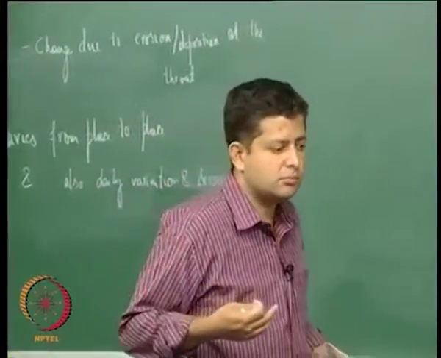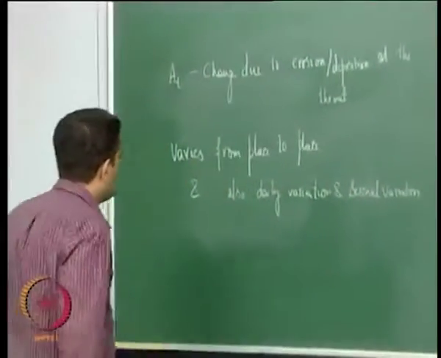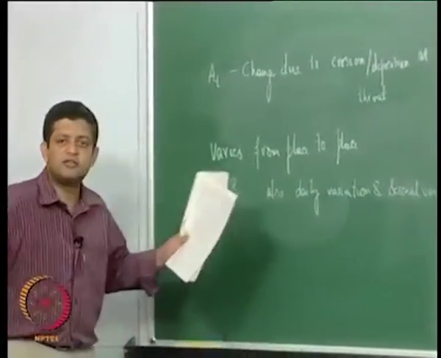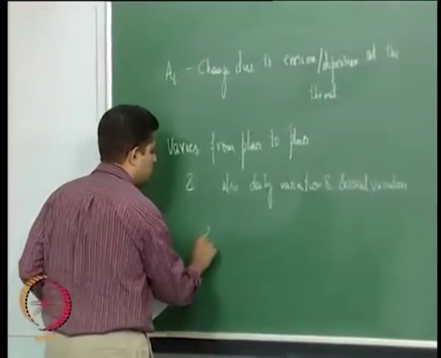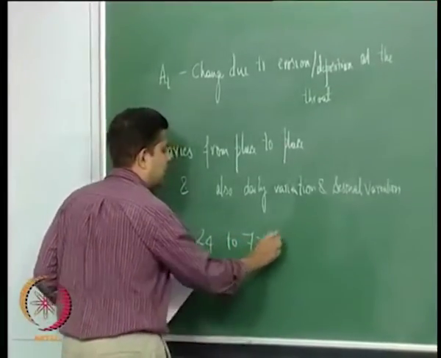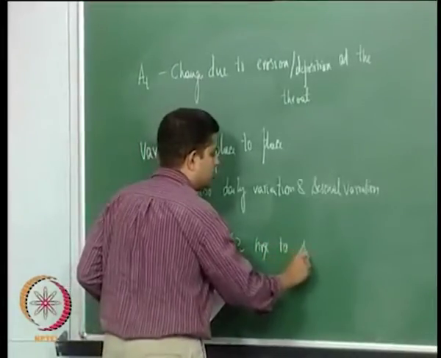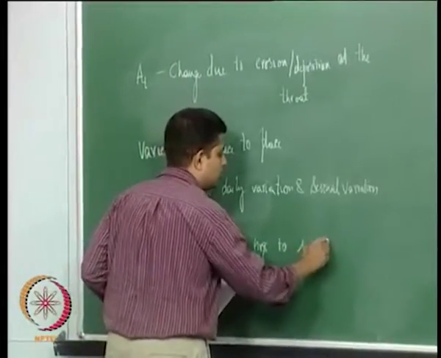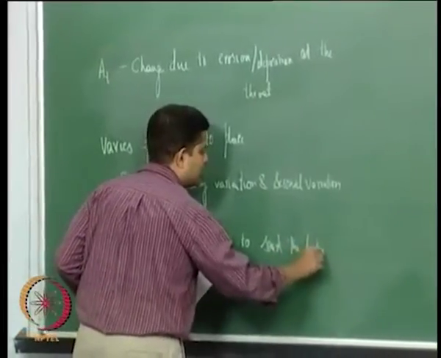So, typically, depending on the size of the web thickness, it takes something like 24 to 72 hours to soak the propellant.